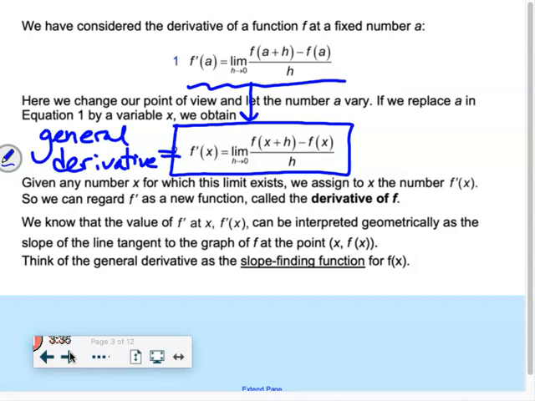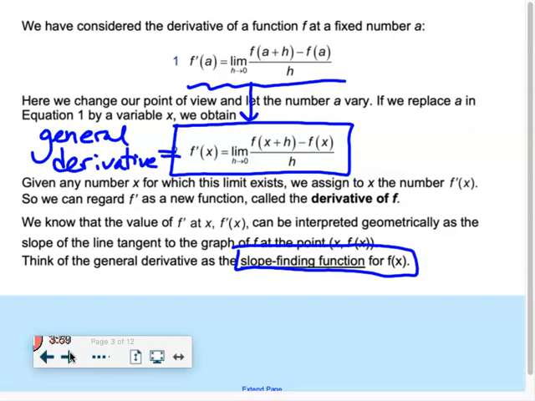Now, personally, I like to call it the slope finding function. So your general derivative is a slope function. If you have some regular function, your inputs are x's, and your output is some point on the graph of that function.